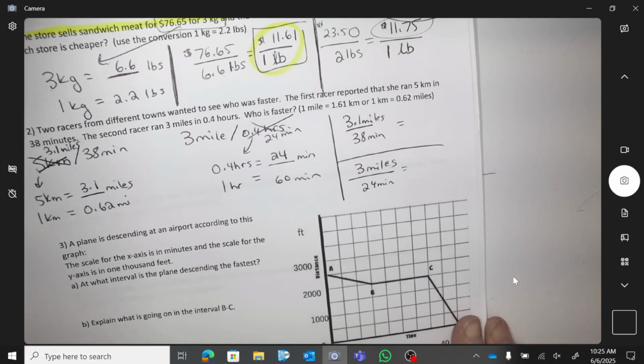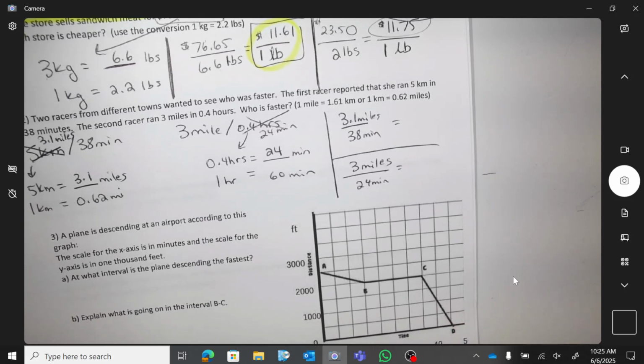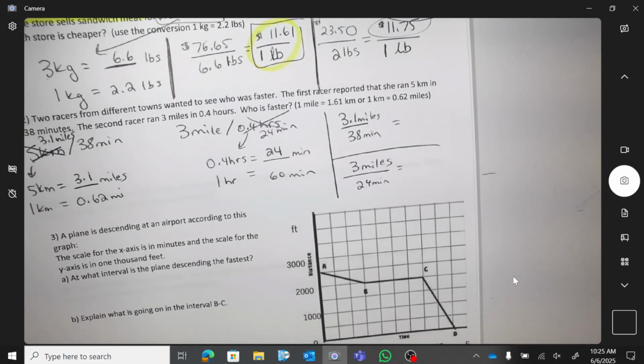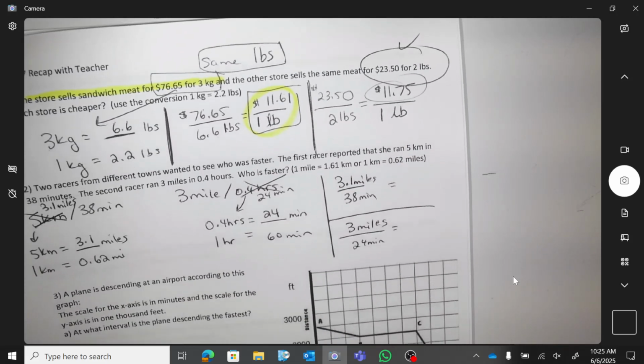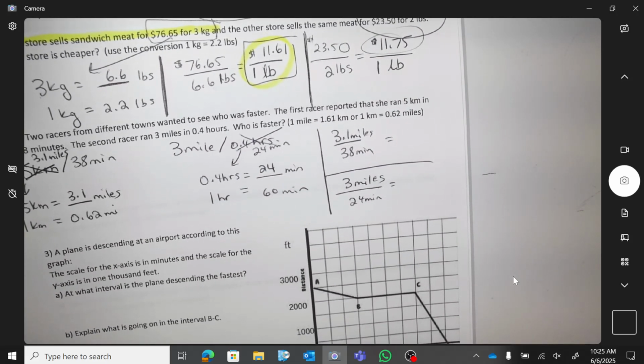Okay, we got our things all set up, same units everywhere. So now we have to make a direct comparison, making something the same. So here we did it per 1 pound, per 1 pound. Okay, I'm going to tell you this. As a distance, it honestly doesn't really make sense about doing a distance per minute.